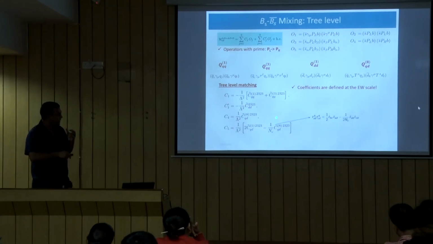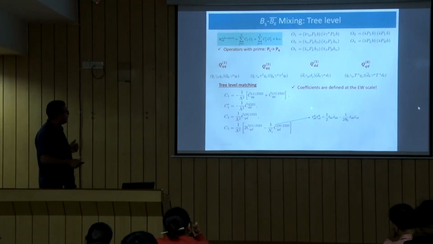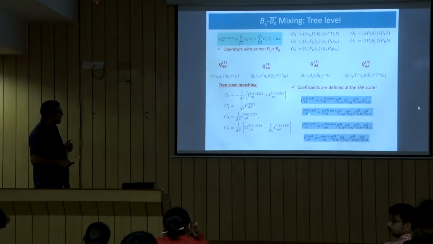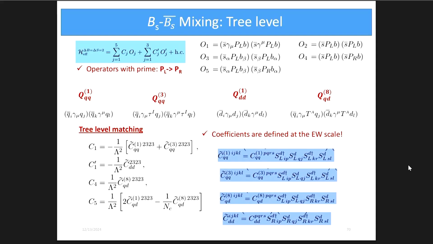So these are color suppressed contributions, 1 by N_C, but this is coming from Q8 only. You see you have T^A here. And apart from this, again the coefficients, as I mentioned, will be obtained from the actual SMEFT coefficients by these rotations, just by this S. So actually you can get it. If you do a simple calculation, you will be able to reproduce it.